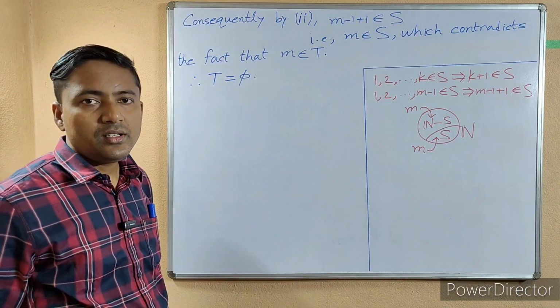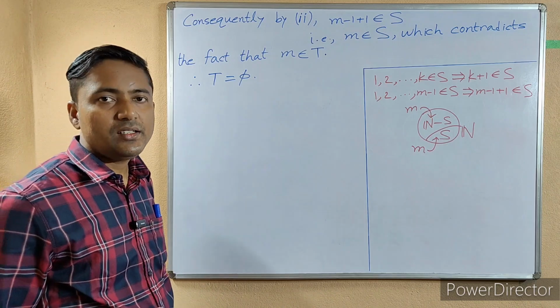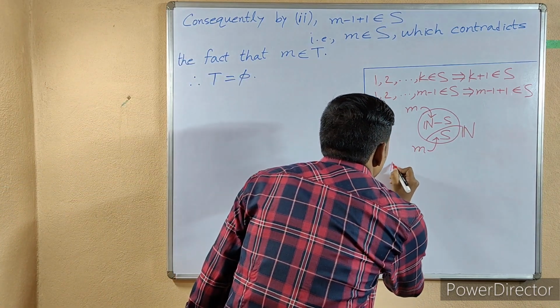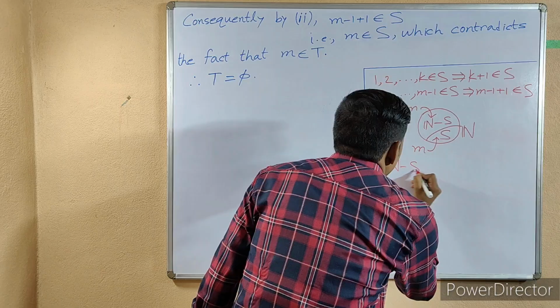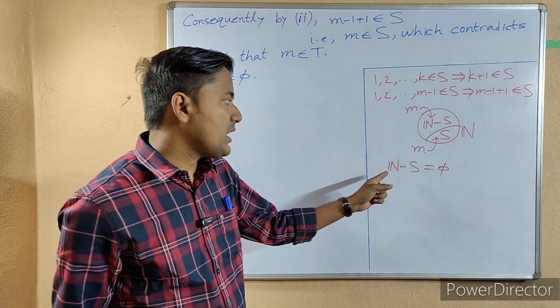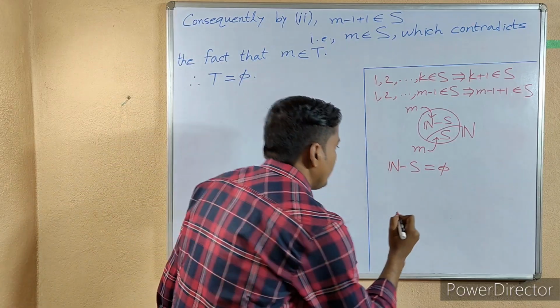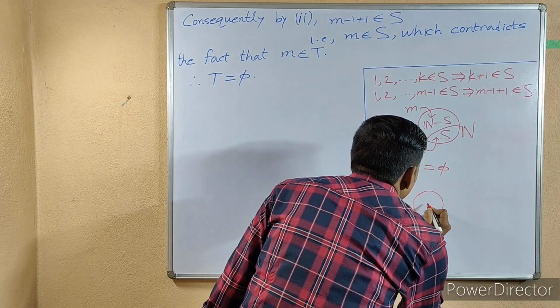Here T means N minus S. So we have N minus S equal to phi. That is, N minus S contains nothing. So N and S look like this.